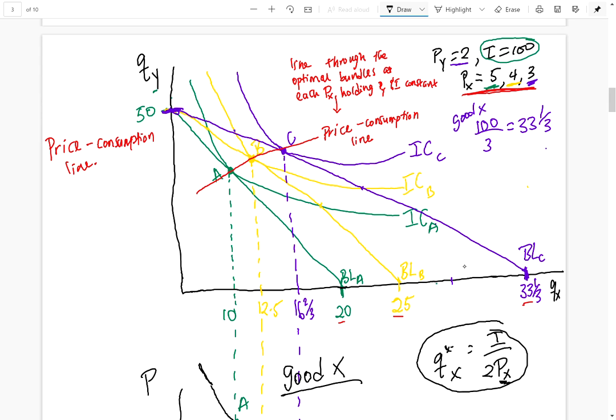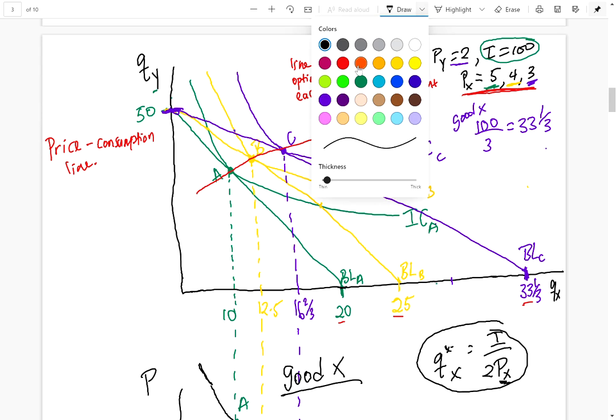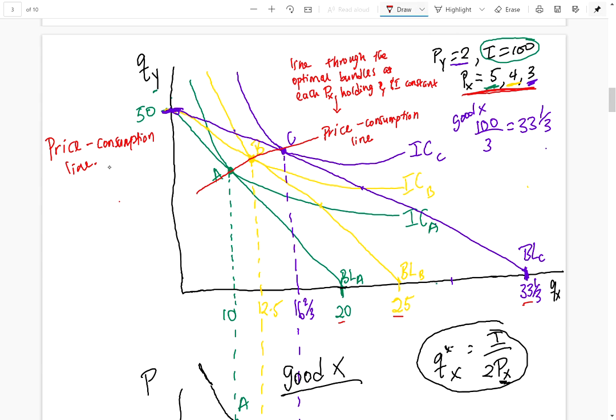Okay, so something else that's interesting about the price consumption line is that it is upward sloping in this scenario.